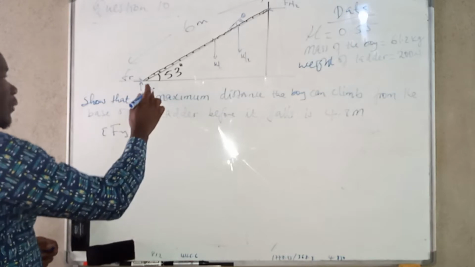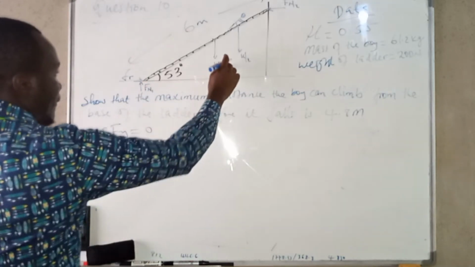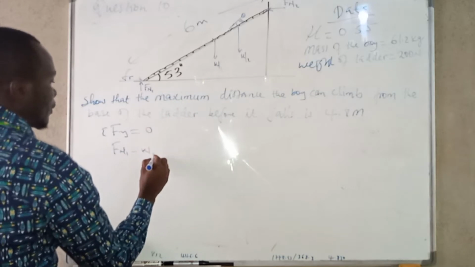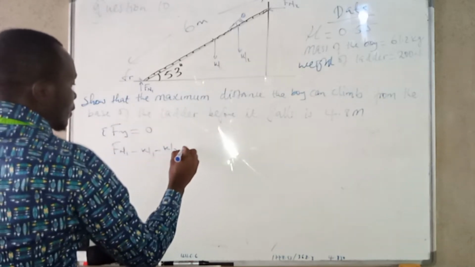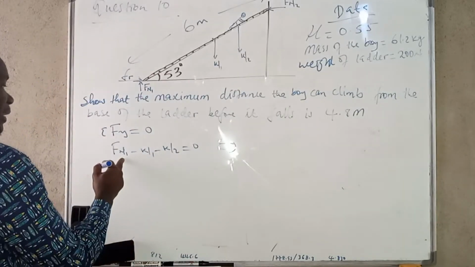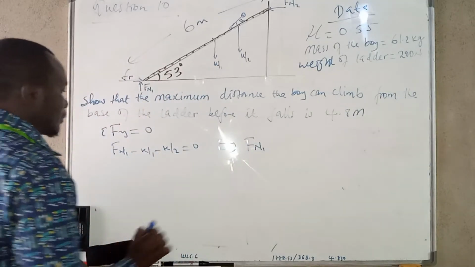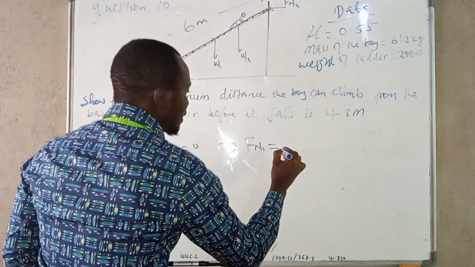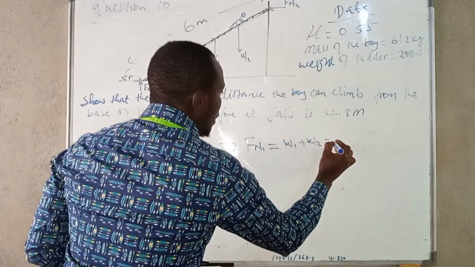So in y direction, we have this one which is pointing up, Fn1. Then we have weight 1, and another one, weight 2. So this must be equal to 0. So when we make this the subject, we're going to have Fn1. This must give us weight 1 plus weight 2.